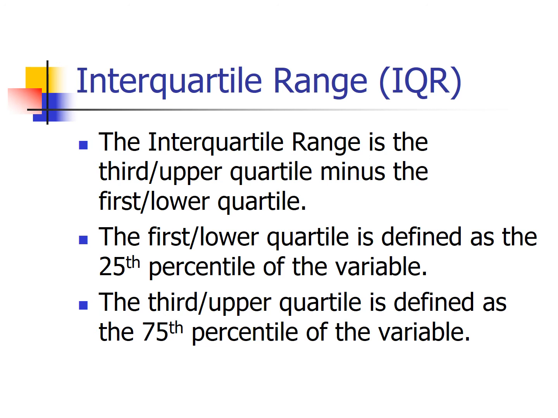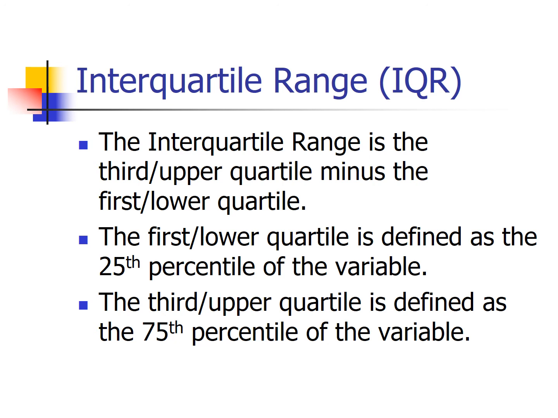The first quartile is defined as the 25th percentile of the variable. So it's the value such that 25% of the observations are below it. Flip side, 75% are more than it. The third quartile is the 75th percentile. And so the interquartile range is the spread between these two numbers.